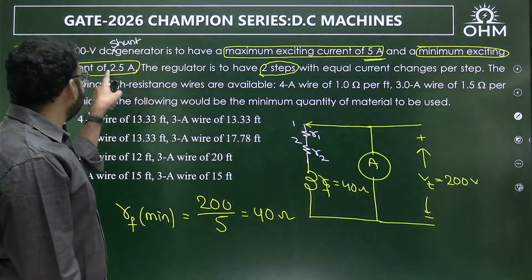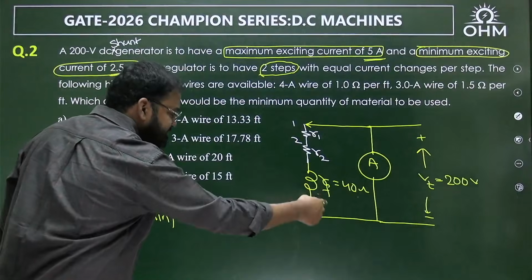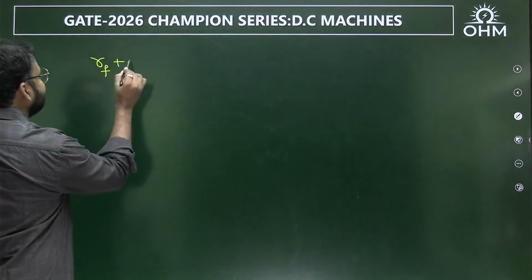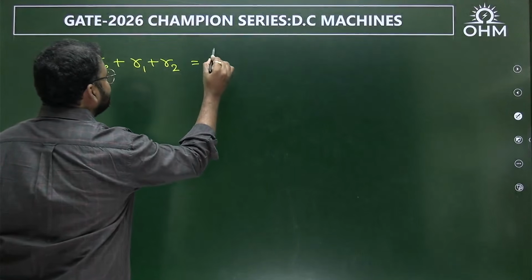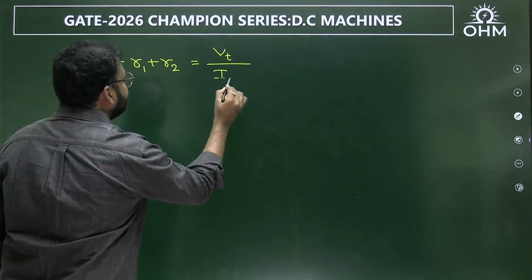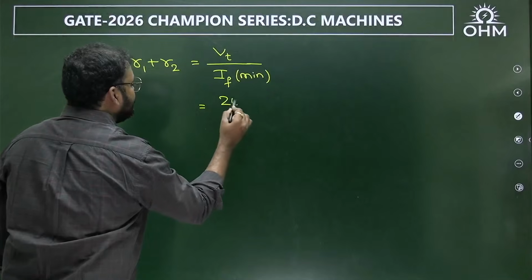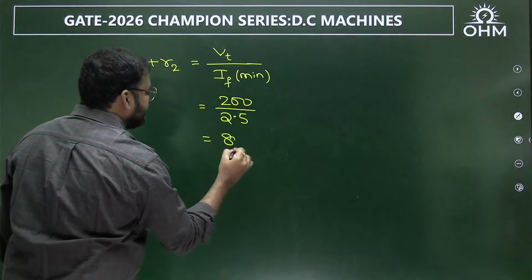How much is the minimum current? 2.5 ampere. Then could you tell me what is the overall resistance here? Therefore, Rf plus the extra 2 resistors added will be equal to Vt by the minimum field current. What is the minimum field current? 200 by 2.5. Is it not 80 ohm?